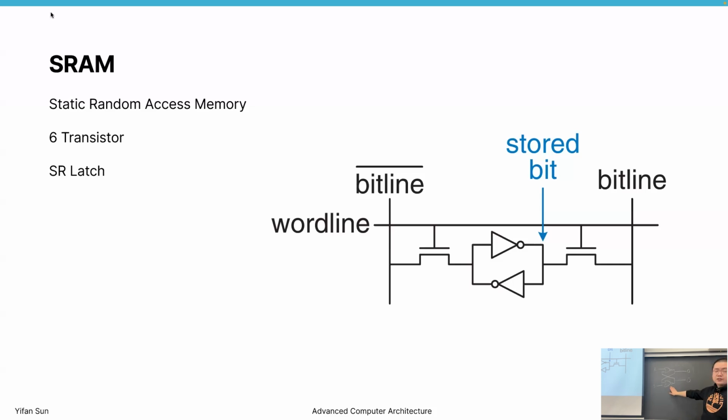Then remember, if both S and R are 0, this OR gate will not consider the value from S and R, right? In this case, if S is 0, this is an OR gate, let's say this is S, this is Q. We know S equals 0.